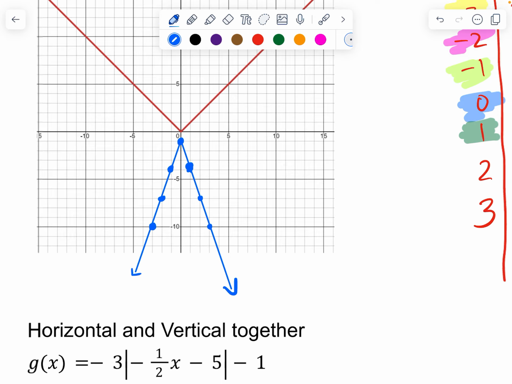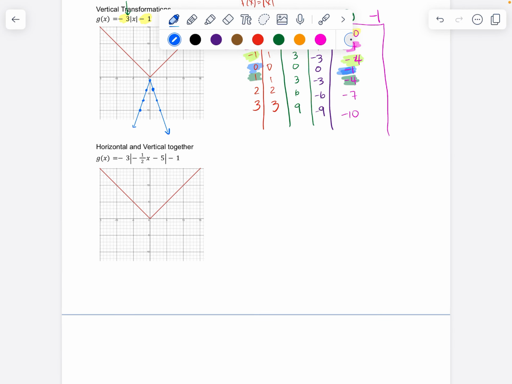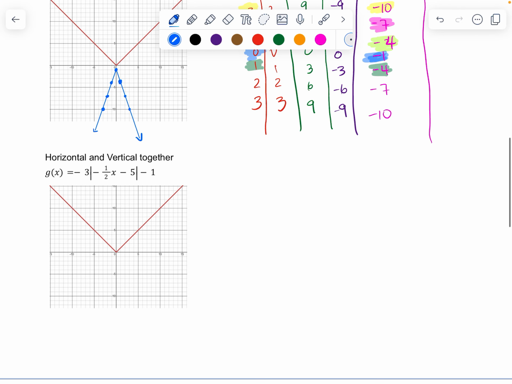Okay, so we did vertical translation, we did horizontal translation. Now what we need to do is put it all together. So if I put this all together, and I'm only going to use -2, -1, 0, 1, 2.